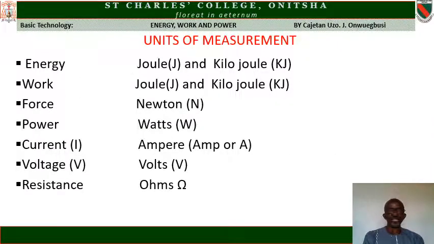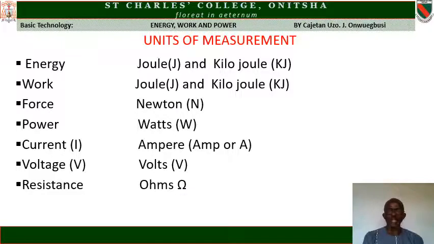Units of measurement. Energy is measured in the unit called joule, J for abbreviation, and kilojoule for higher unit. Work is also measured in joule and kilojoule. Force is measured in Newton and kilonewton when you have higher measurements.